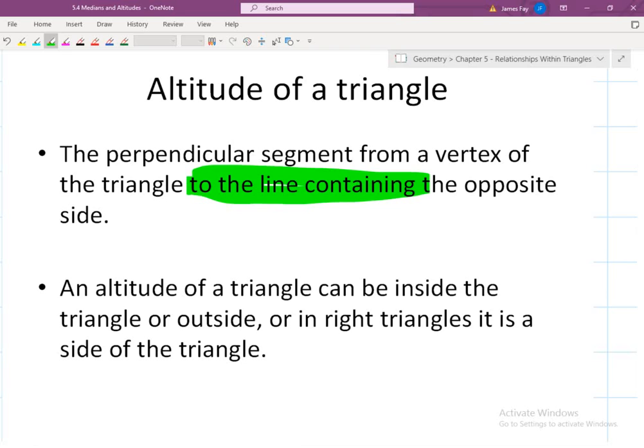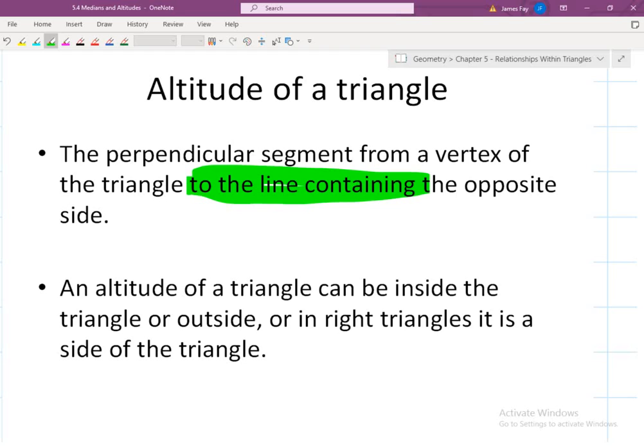But that highlighted phrase is extremely important for the way we view and define an altitude. So an altitude of a triangle can be inside the triangle, or it can be outside the triangle. And when it's outside the triangle, that is why, and you're going to see it in an image later, that green highlighted statement needs to be added in our definition.